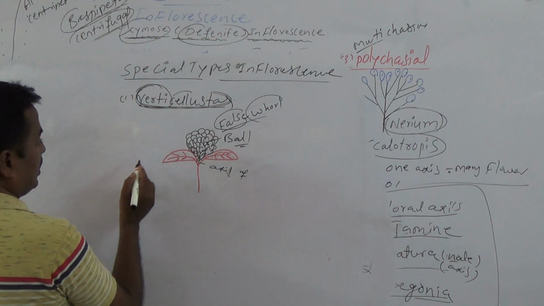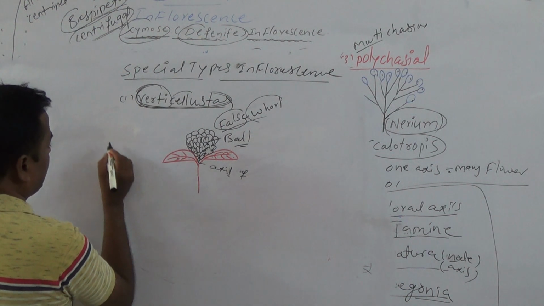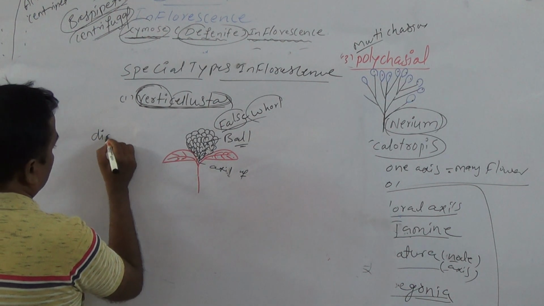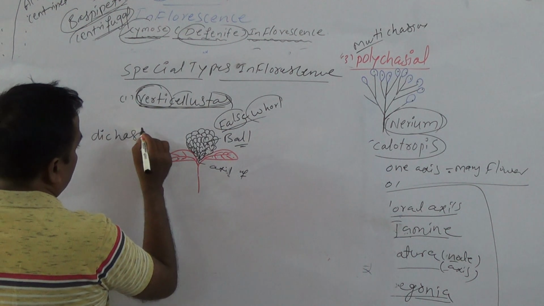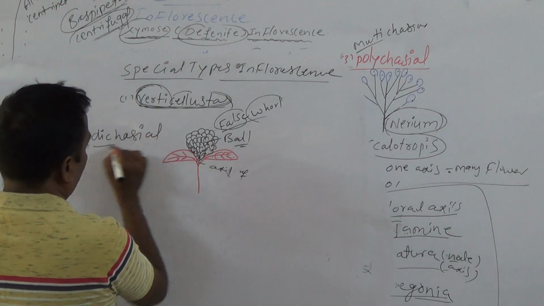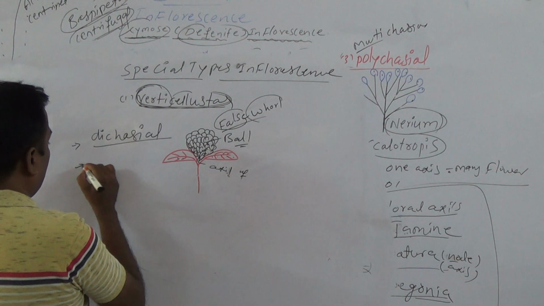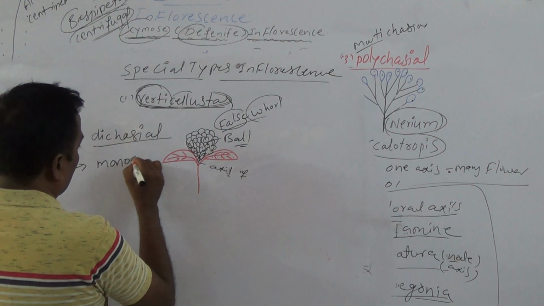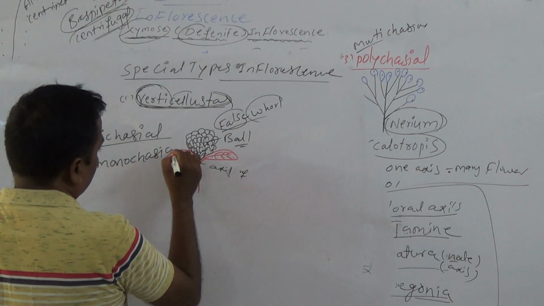This is a very important point. In verticillaster, the flowers are formed beginning dichasial and later change to monochasial. Very important, students.